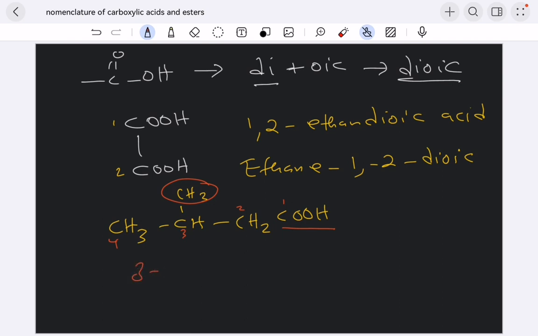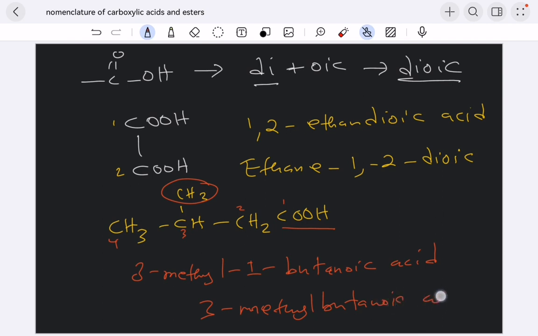So you can say 3-methyl. Sometimes you can say 1 to just state the position of the functional group, butanoic acid. But it's equally okay to say 3-methylbutanoic acid. Even like this, I will know that the position of the functional group is 1.